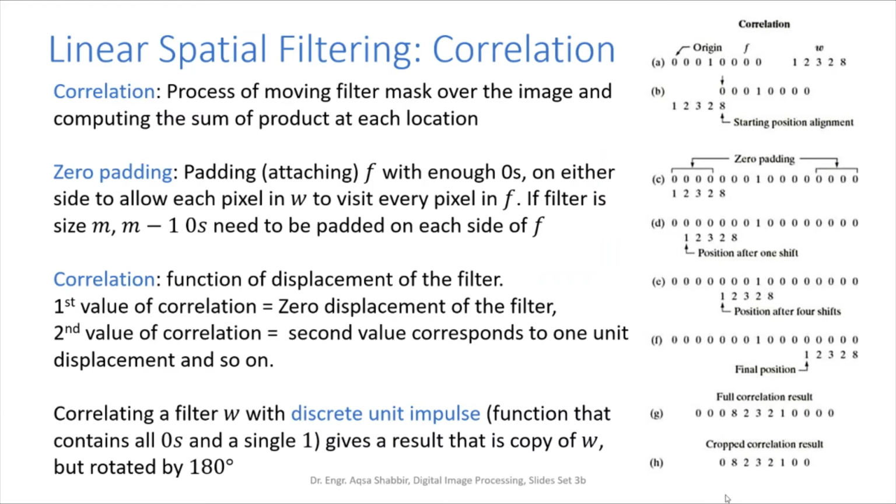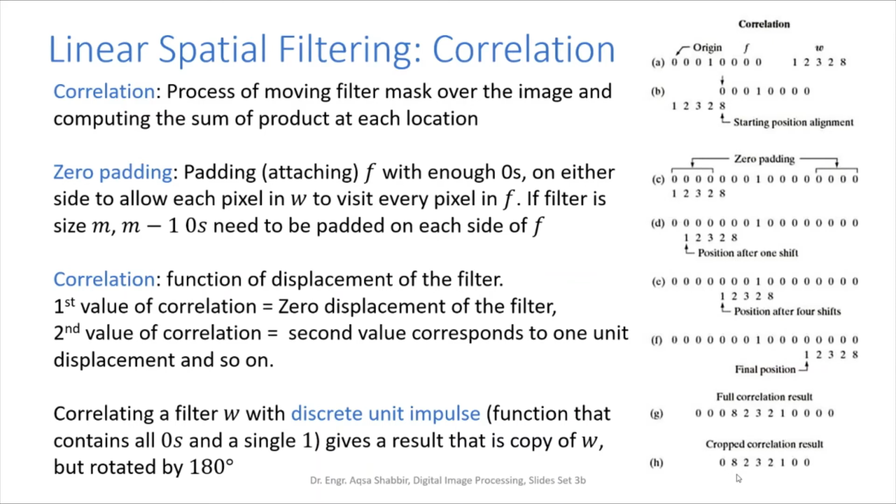Proceeding in this manner, we obtain the full correlation result given in part G. We then crop the result given in part G so that the output is the same size as the original function f. The final result after cropping is presented in part H.